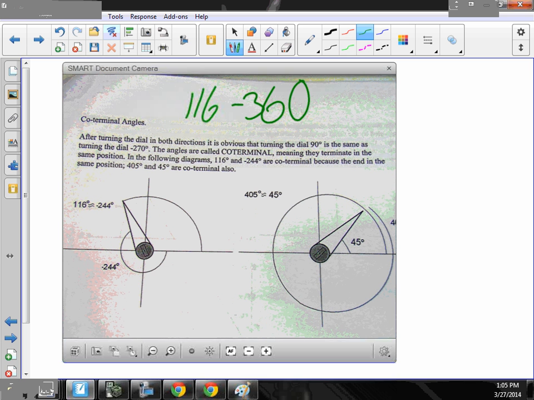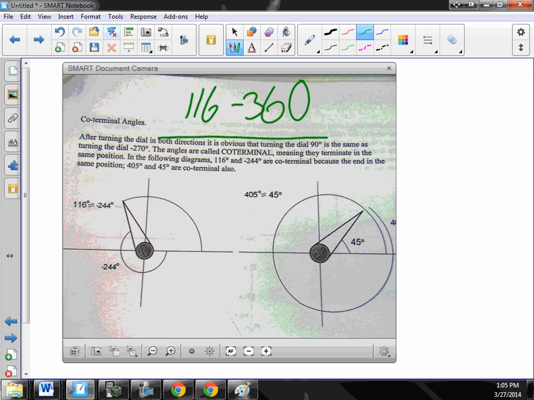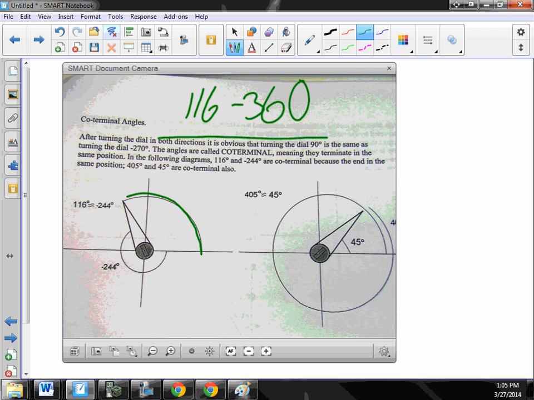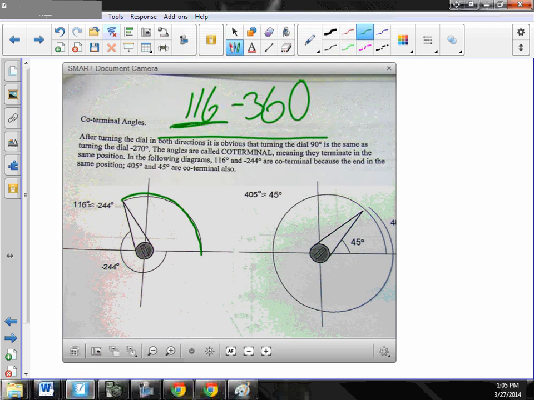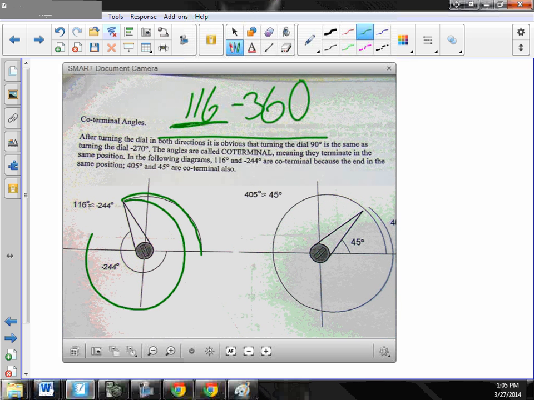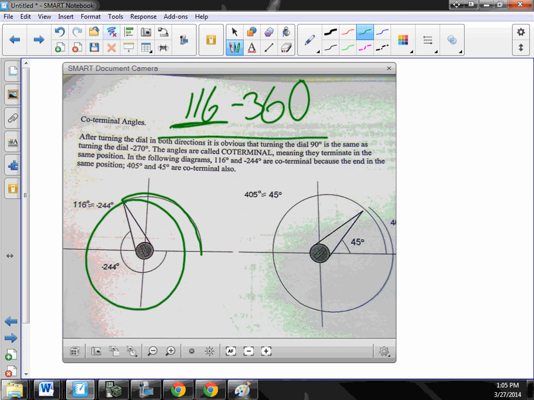Can I represent that in the picture? So I rotate till I hit 116. That's this portion. And then I reverse directions for an entire circle. And those two angles are coterminal.